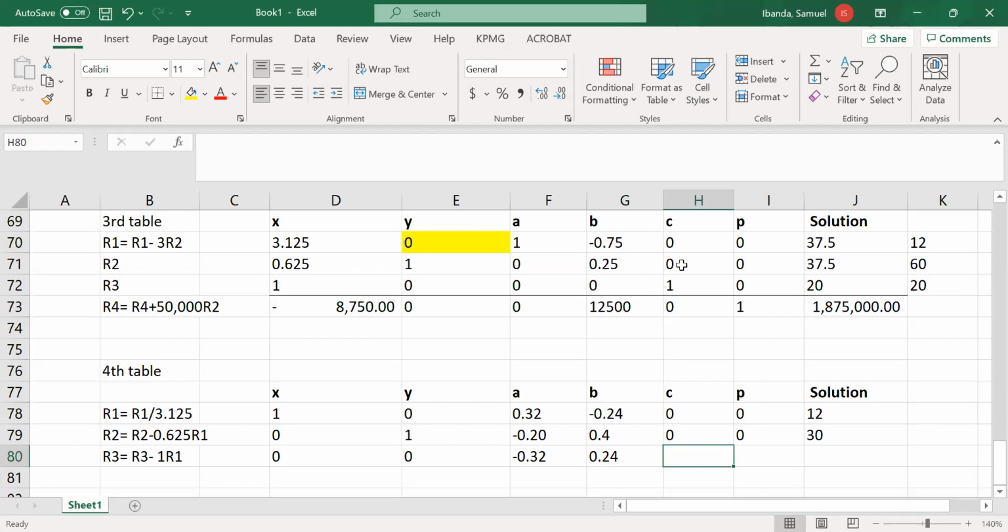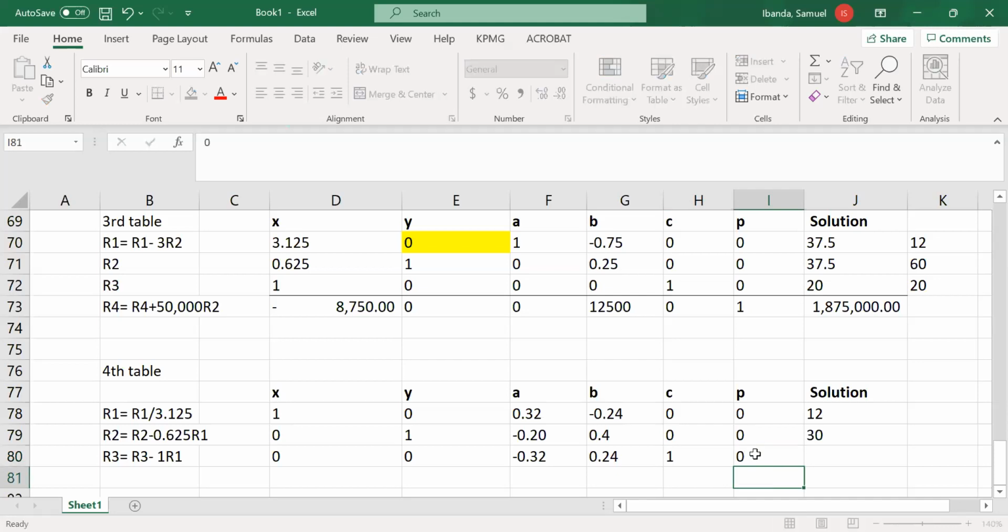So when it comes to here, we have our R3, which is 1 minus 0, because it's 1 minus 1 times 0 gives you 1. So it still remains 1, okay? It still remains 1. Here we have a 0, 0, 0.